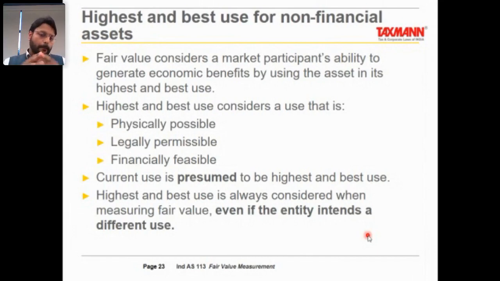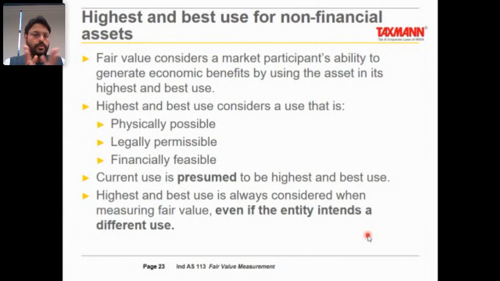So standard says, although best possible use, highest and best use should be considered for measuring the fair value, it is assumed that entity is always prudent to use its assets in its best way. So whatever is the current use should ideally be considered as the best use unless there is a contrary view.